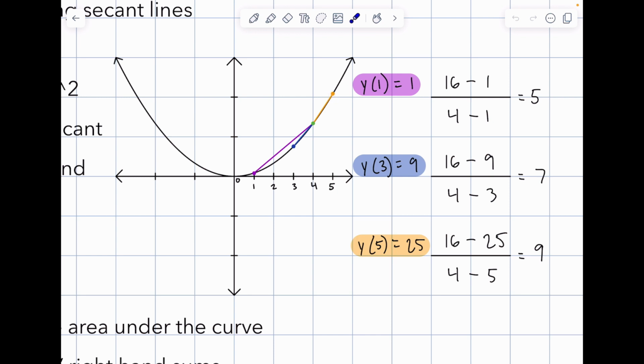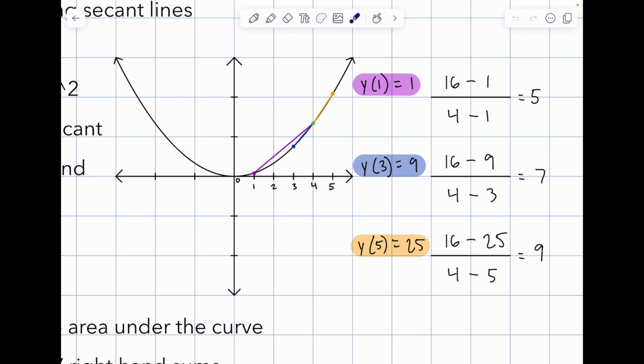As you can see, at x equals 1 here, the slope is 5. But if we look at x equals 3 and we draw a secant line from x equals 3 to x equals 4, which is that blue line, we see that the slope is 7. And when we use a secant line from x equals 5 to x equals 4, which is that yellow line, we see that the slope is 9.